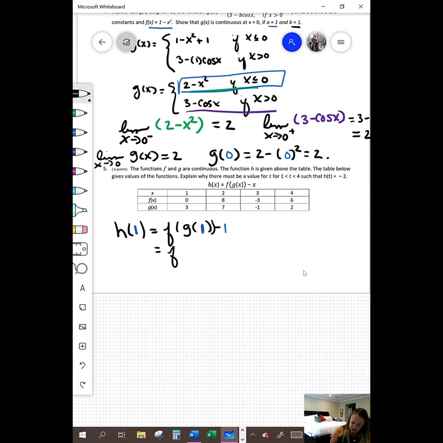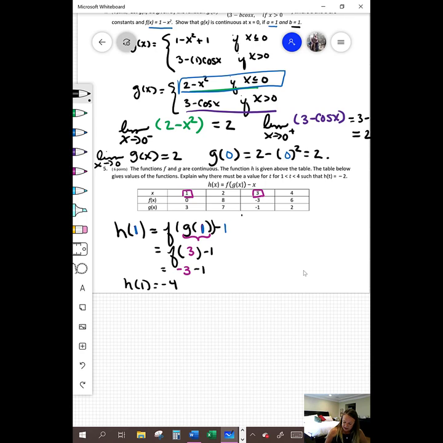So let's look at what g of 1 is. When x is 1, g of 1 is 3. So we have f of 3 minus 1. Well, f of 3, when x is 3, f of 3 is negative 3. So we have negative 3 minus 1. So we found that h of 1 is equal to negative 4.